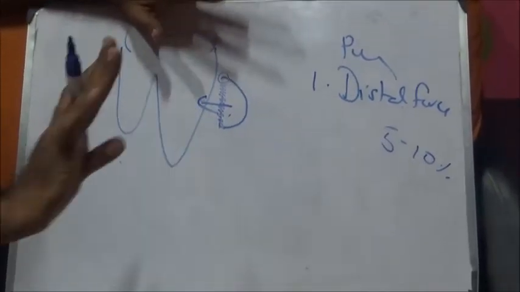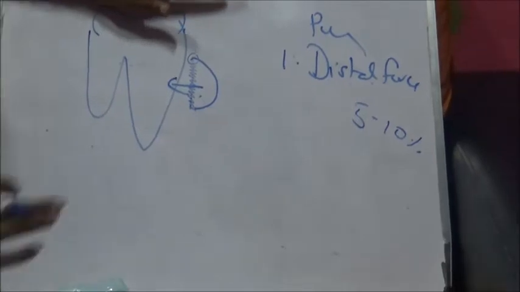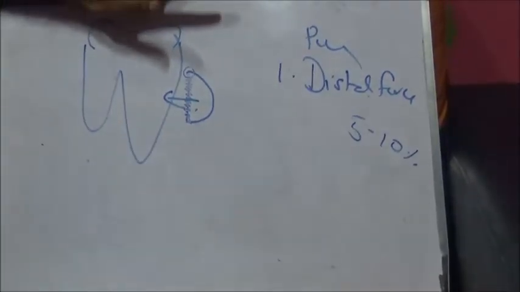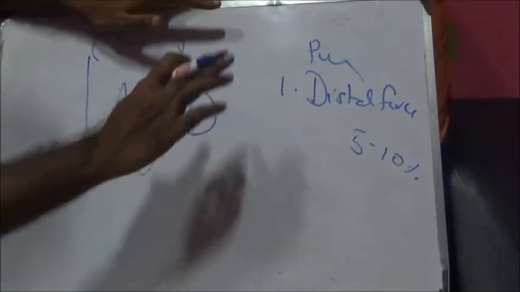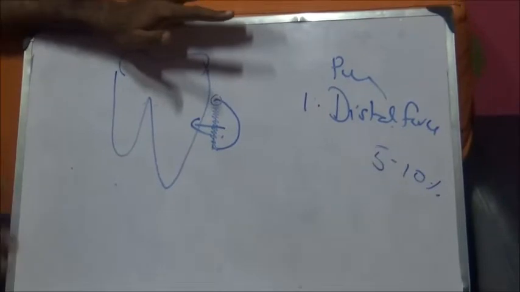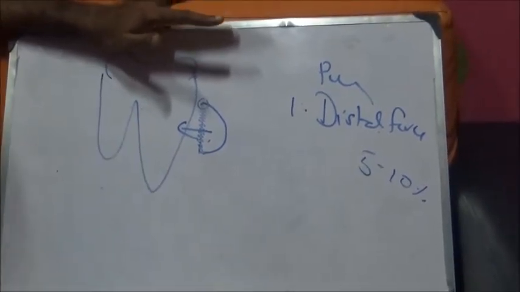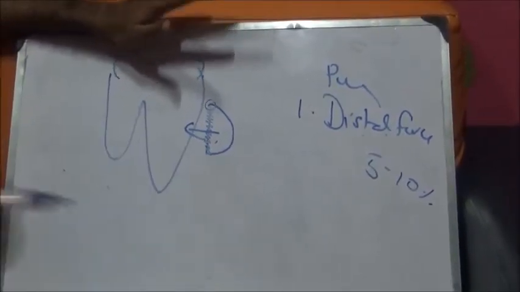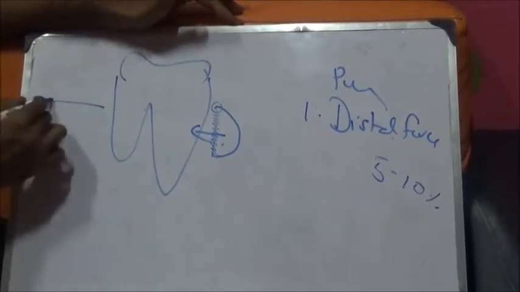After that, don't use this force. The more you use this force, the more the risk of tooth fracture or mandible fracture. This is the least favorable movement, but many doctors will use it. They will put the elevator and just push purely distal.